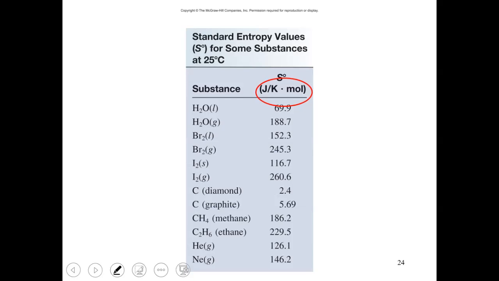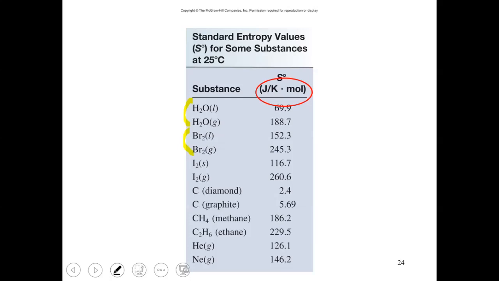Notice that in all of these combos, if you look at liquid water versus vapor, bromine, right? The gas form always has a bigger entropy. You can see that. Notice the very, very small values for graphite and for diamond.